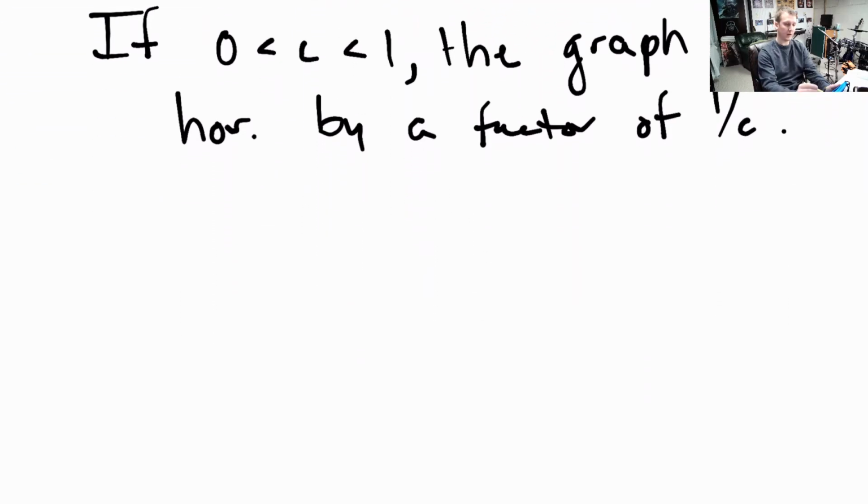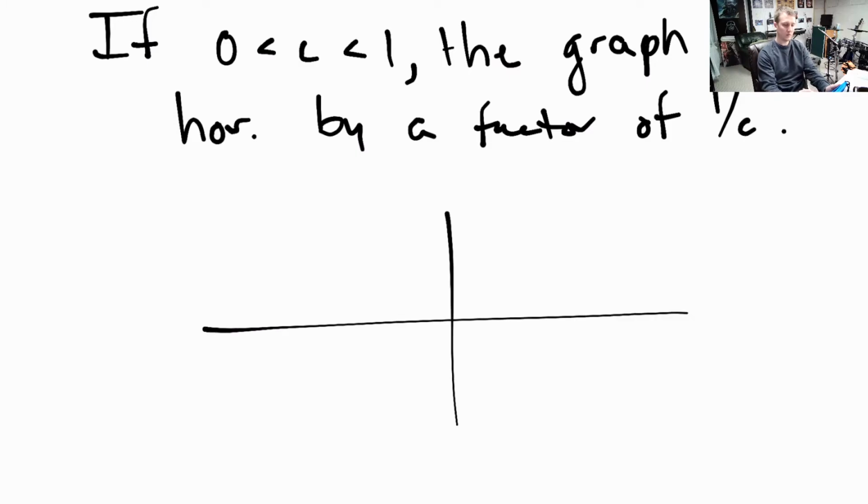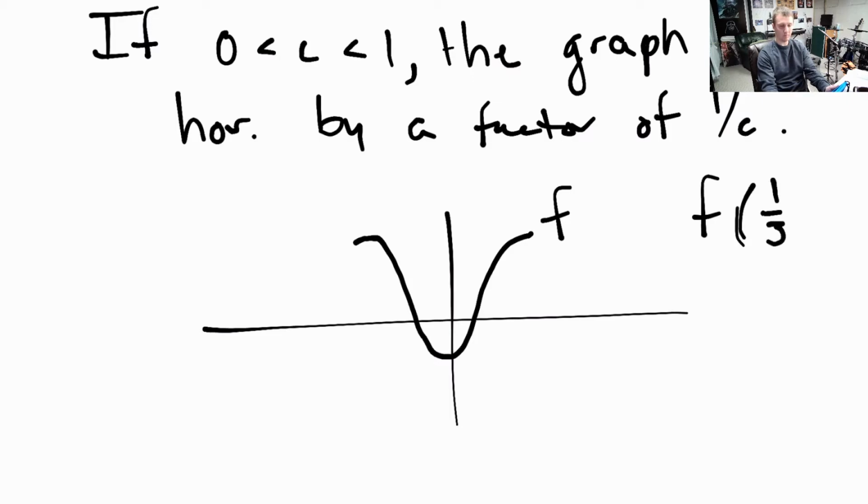So if I take my graph, say something like this, like what I drew before, this is F. If I multiply by 1/3, that's a number between 0 and 1. That has the effect of stretching it by a factor of 3.